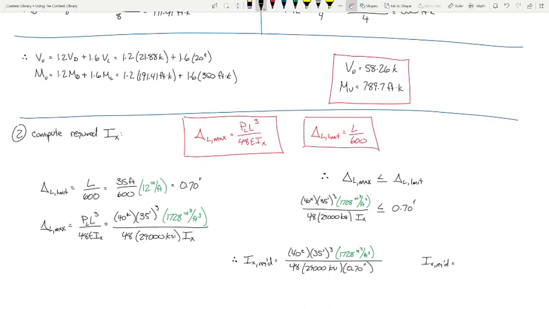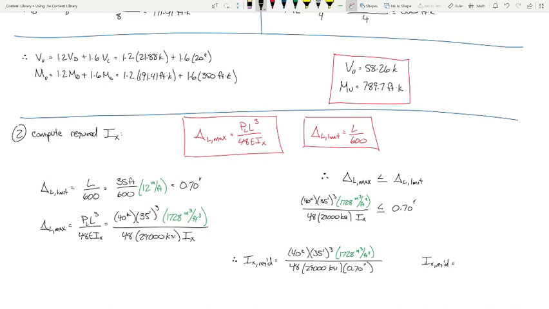So do y'all see what I did there? I just said IX moves over here, 0.7 moves down there, so IX needs to be greater than or equal to this fraction, or IX needs to be at least whatever that fraction is. So what do we get for IX required? 2979.4.